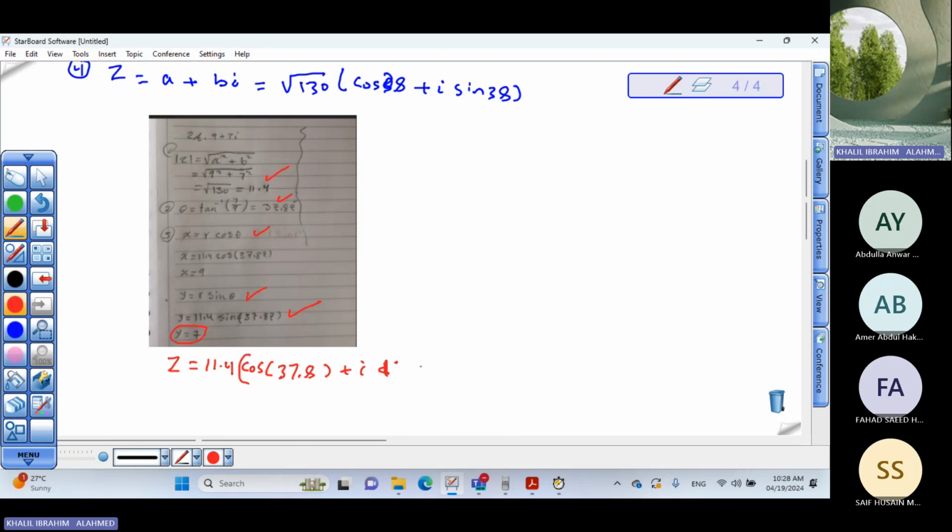This form is polar form or trigonometric form, the same. You should know it. Excellent. Well done, Mr. Safe.